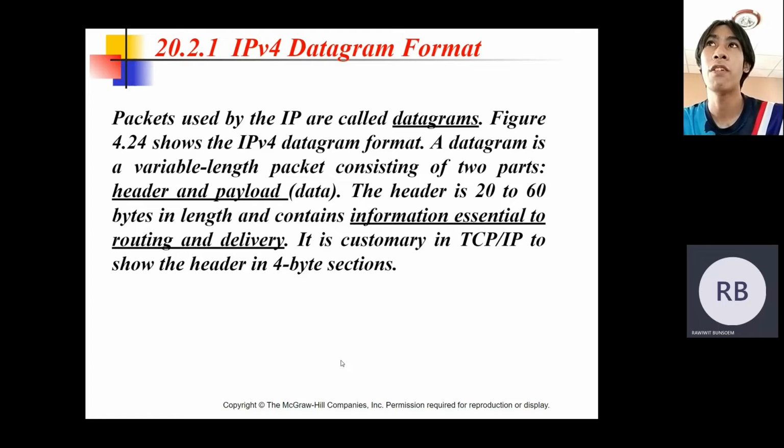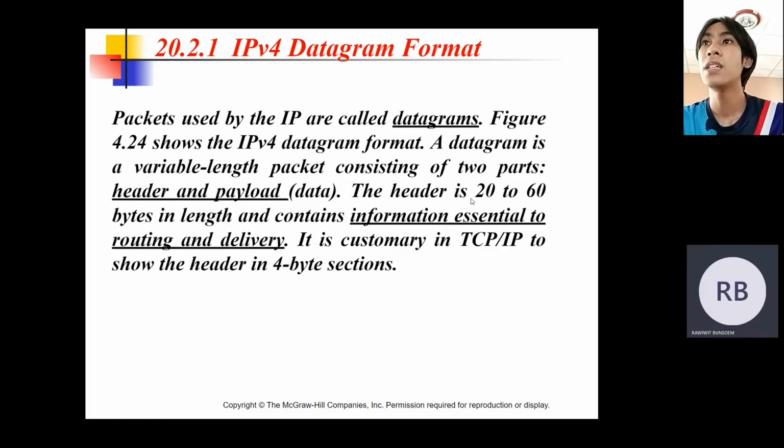IPv4 datagram format. Packets used by IP are called datagrams. Figure 4.24 shows the IPv4 datagram format. A datagram is a variable-length packet consisting of two parts, header and payload data.